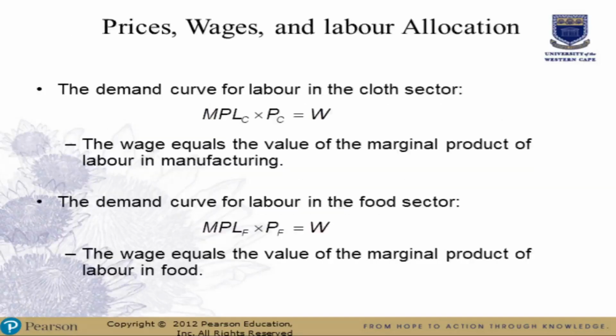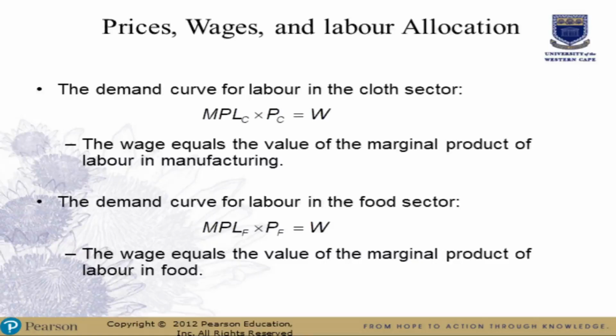In the cloth sector, the value produced by an additional hour of labor is the marginal product of labor in cloth multiplied by the price of 1 unit of cloth, which should be equal to the marginal cost, or the wage rate, paid by employers for that additional hour. Similarly, in the food sector, the value of the additional person hour in food is also equal to the marginal cost of labor.